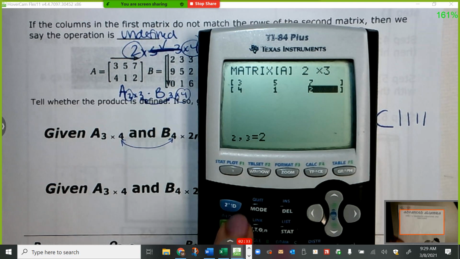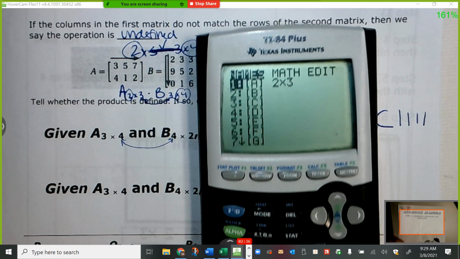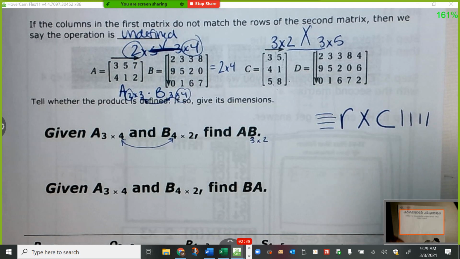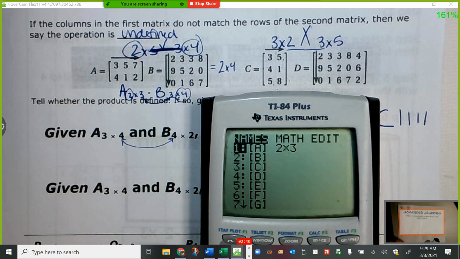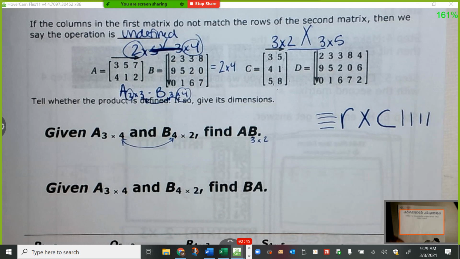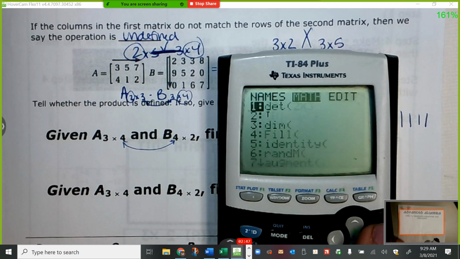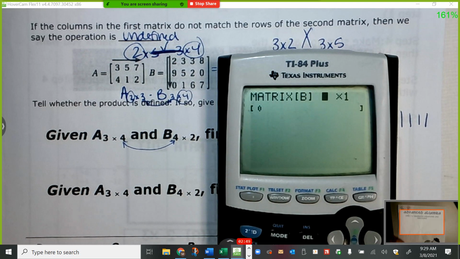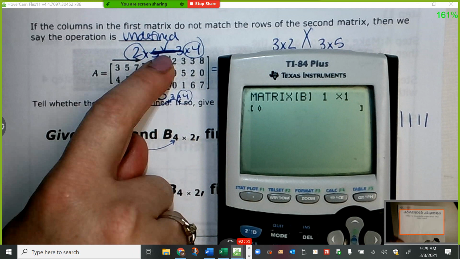So then you can go second matrix again. And I'm just going to do A and B because I want you to notice that both of these are A and B. So I'm going to go over to edit down to B and press enter. B is a 3 by 4.